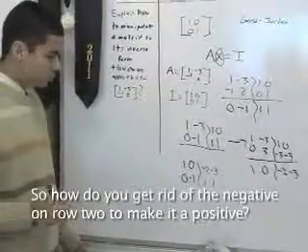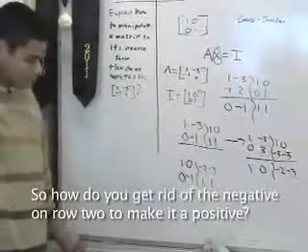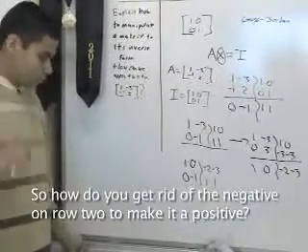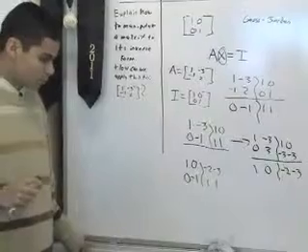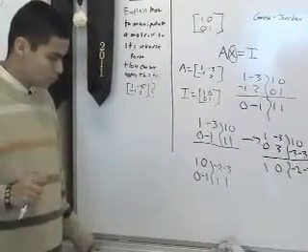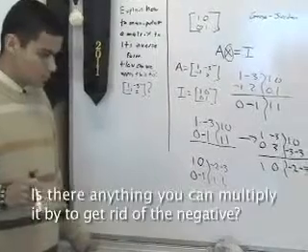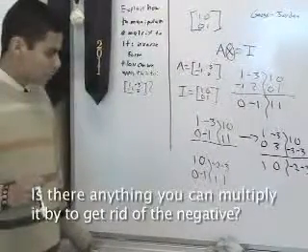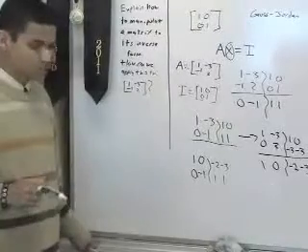So how do you get rid of the negative on row 2 to make it a positive 1? Those are the row properties. Is there anything you can multiply it by to get rid of the negative? -1.